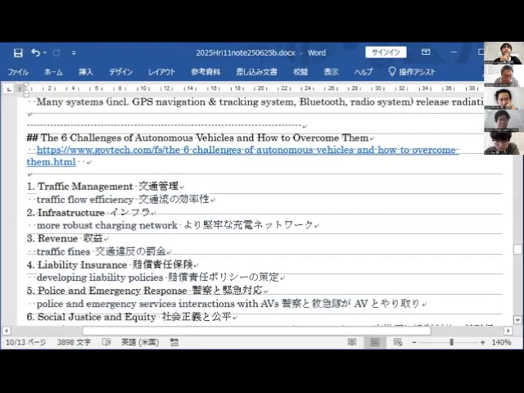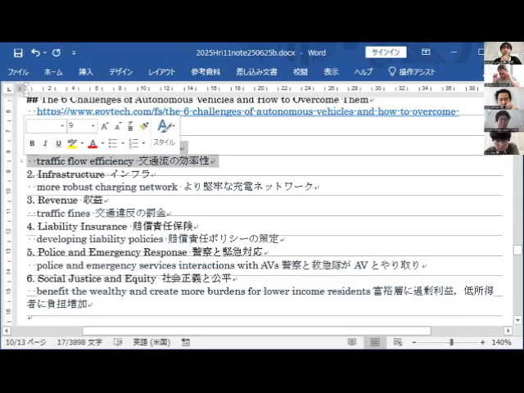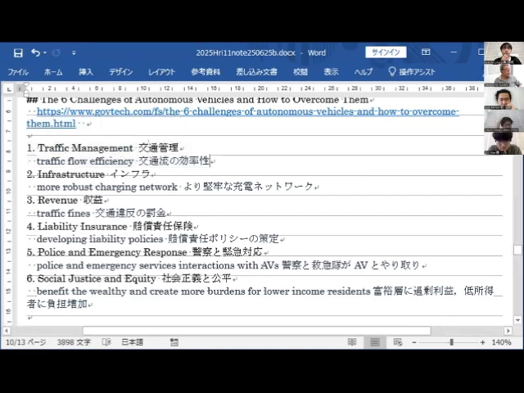This site is also saying there are 6 problems, starting with traffic management. This means that if all of the cars become autonomous, it will be okay. Between autonomous cars, traffic works well. But the mixed condition is very, very dangerous.